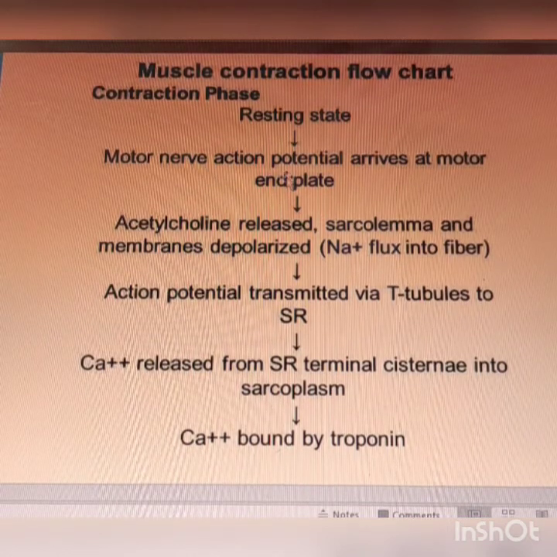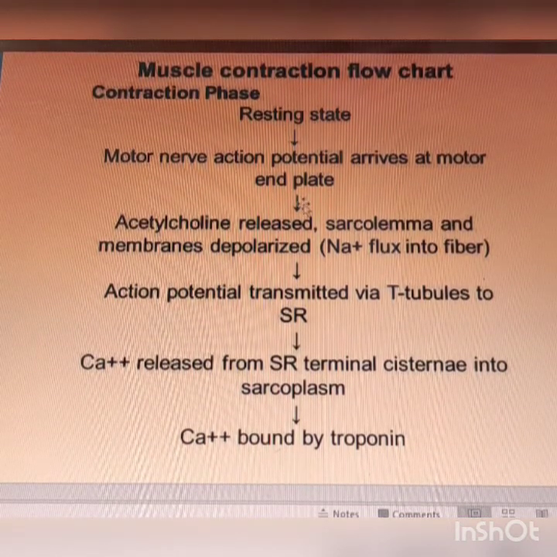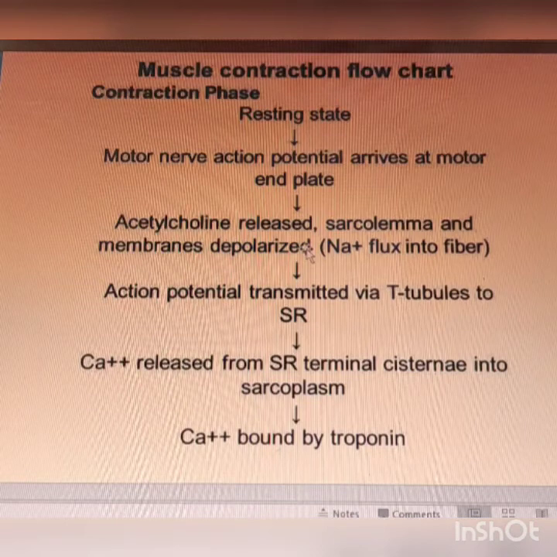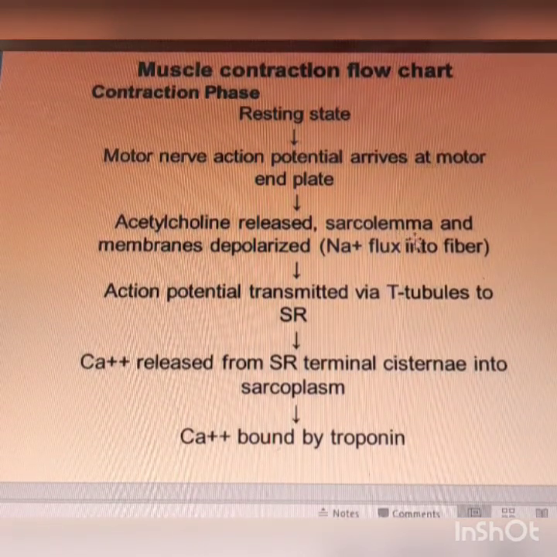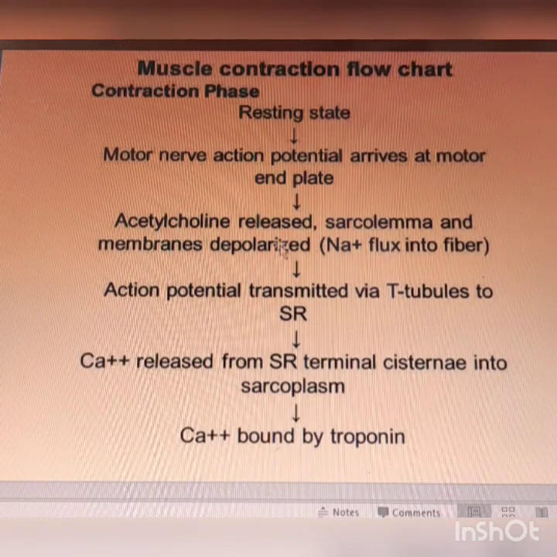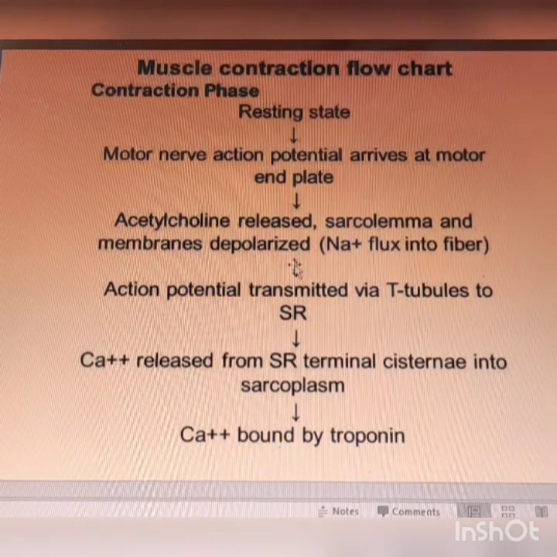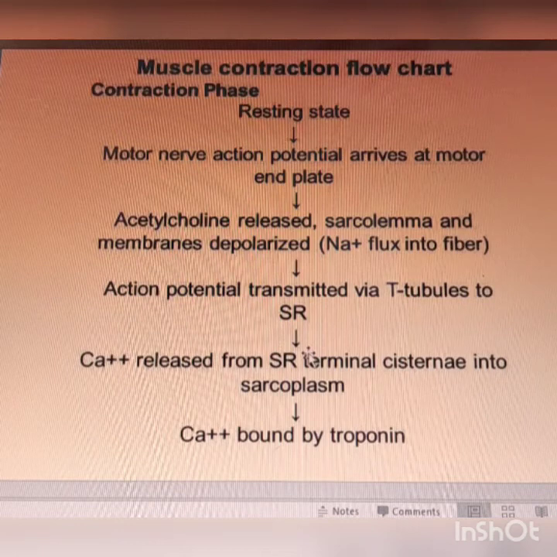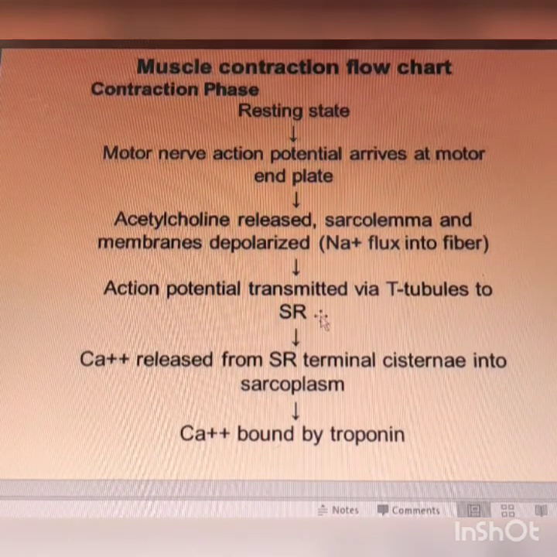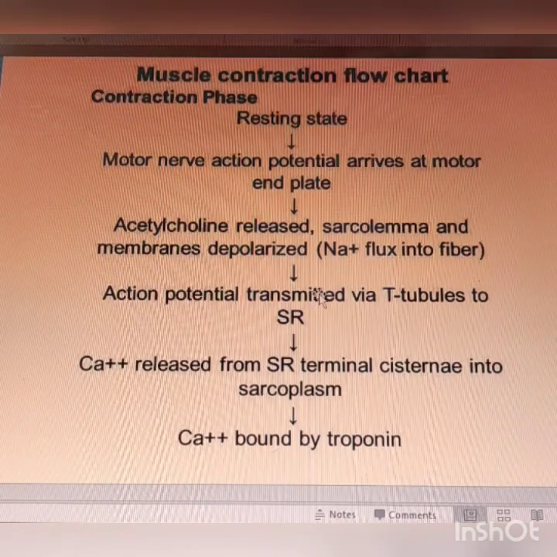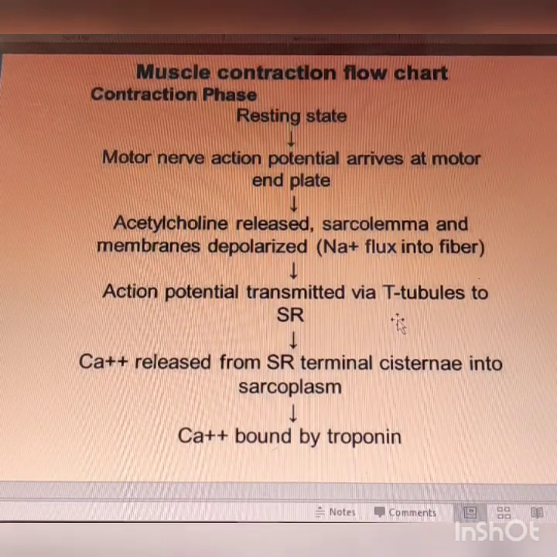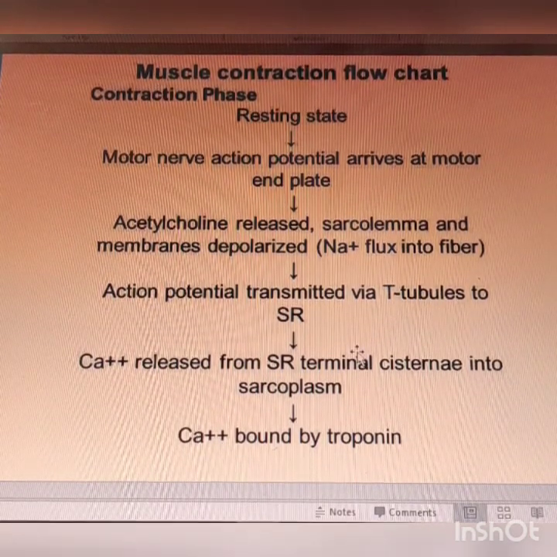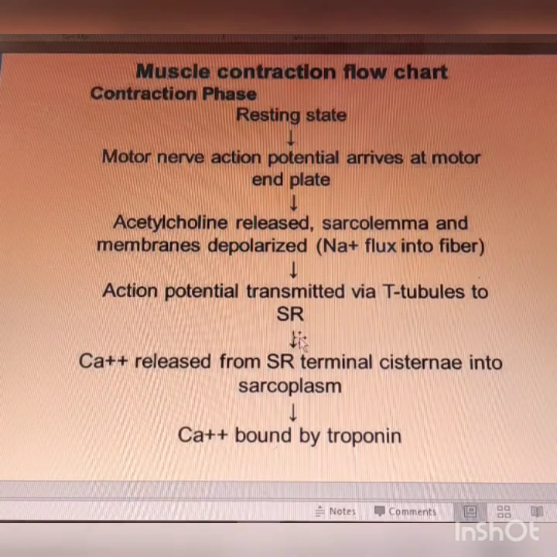Motor nerve action potential arrives at the motor end plate. Acetylcholine is released. The sarcolemma, that is the membrane of the muscle fiber, and other membranes are depolarized, so that an action potential is generated. The action potential is transmitted via tubules to the sarcoplasmic reticulum.